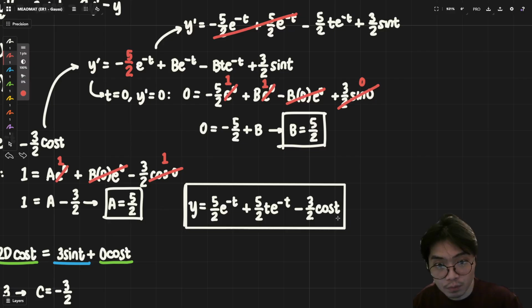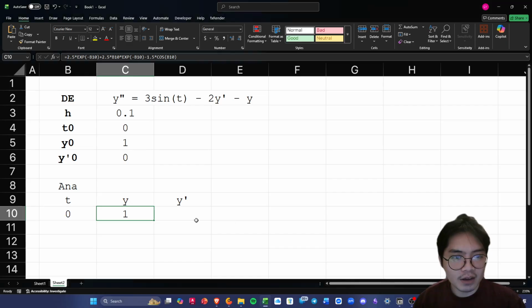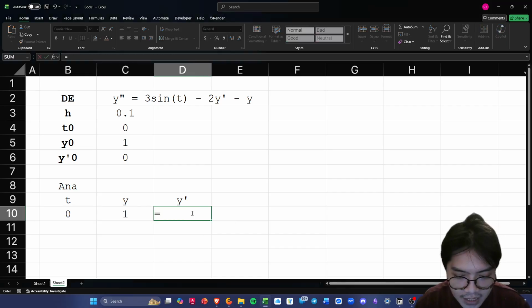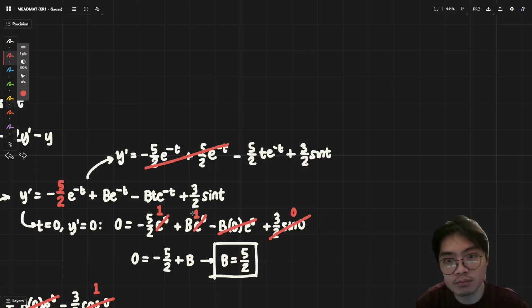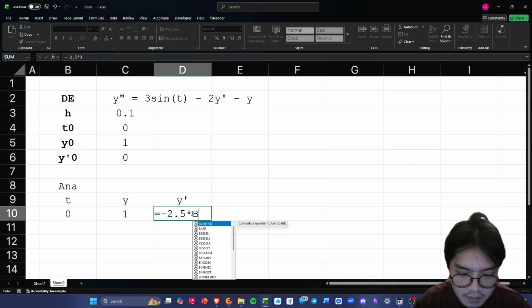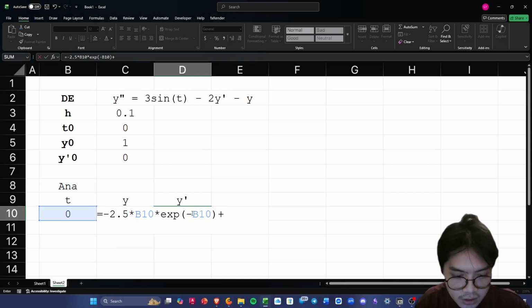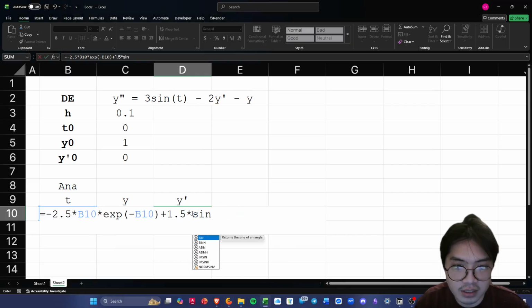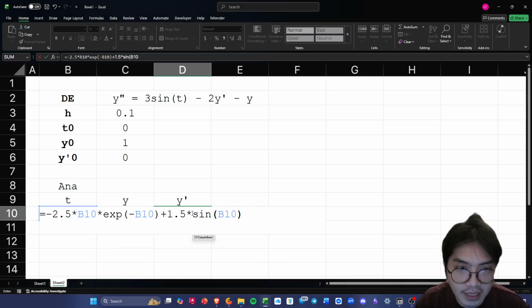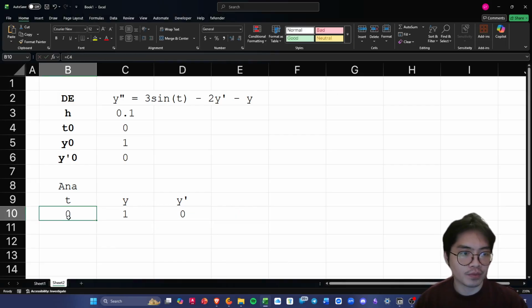That is what it's supposed to do, right? Now let's have this y prime: negative 2.5 times b10 times e raised to negative b10, and then plus 1.5 times sine of b10. Should be 0. Okay, there you go.